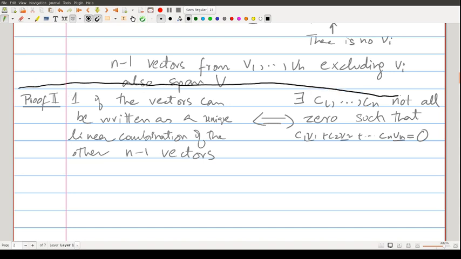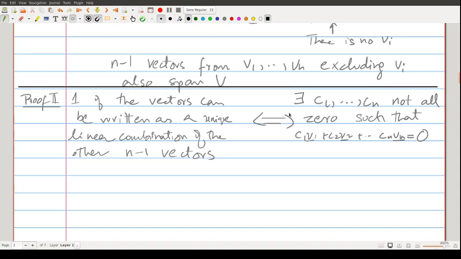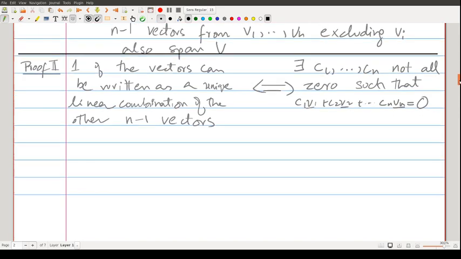And so let's try to prove this now. One way, we can go this way: we consider that this condition holds such that these are not all 0, and show that you can write one of the vectors as a linear combination of the n minus 1 other vectors.